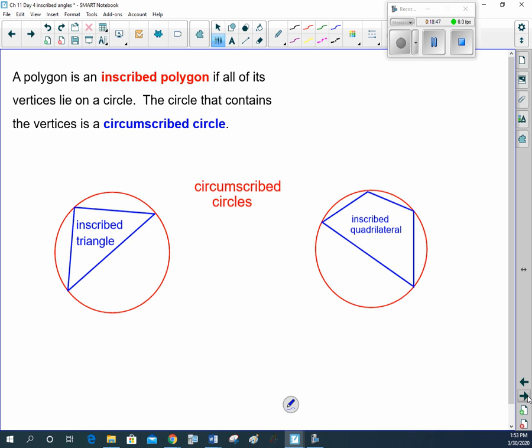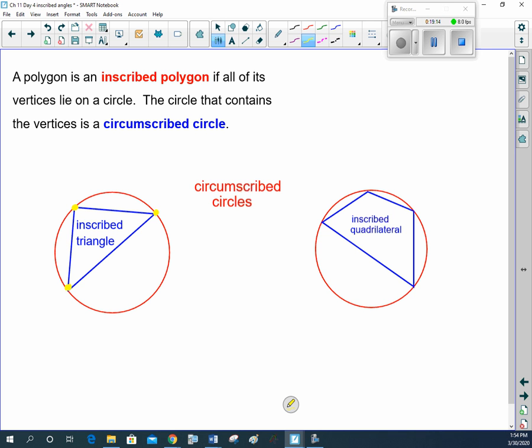Okay, a couple more vocabulary words just so that if you see them, you'll know what they mean. A polygon is an inscribed polygon if all of its vertices lie on the circle. So right here on the left, this blue triangle is considered inscribed because all of the vertices are on the circle.